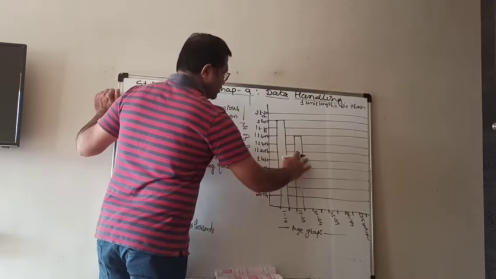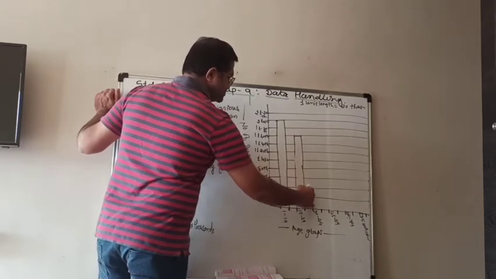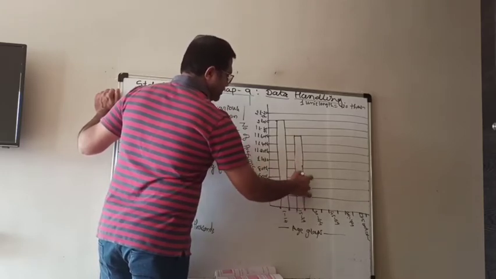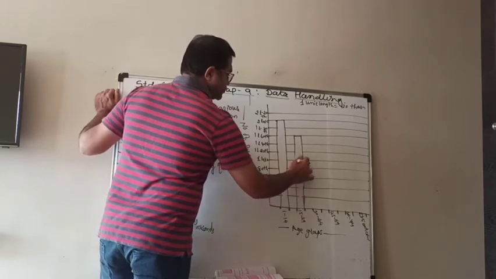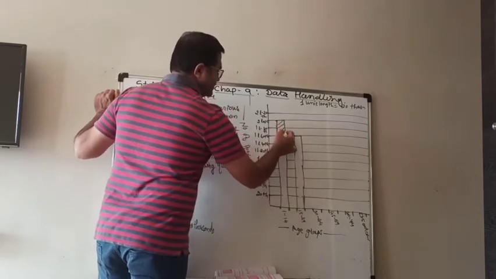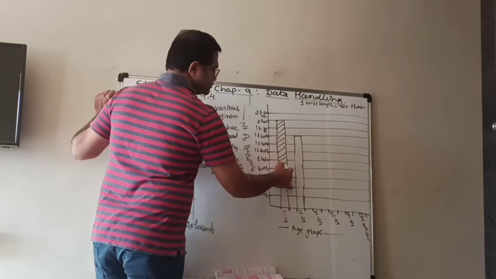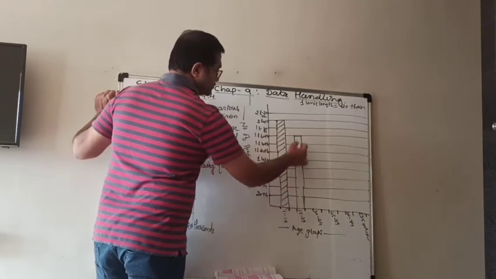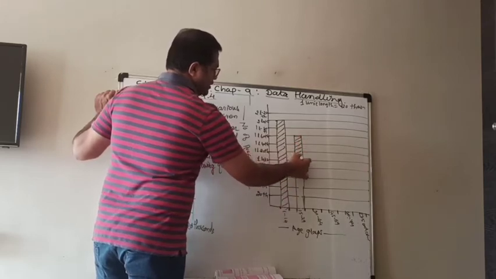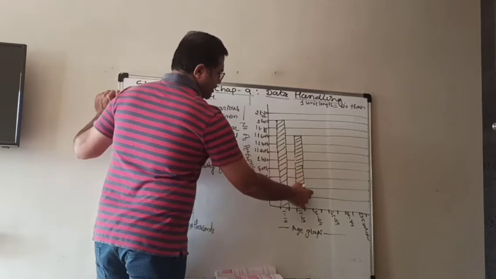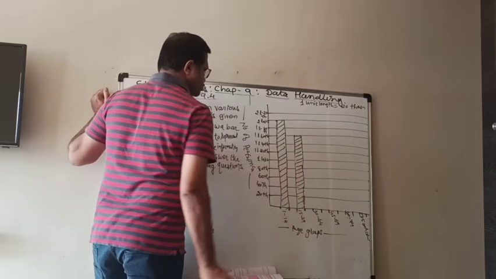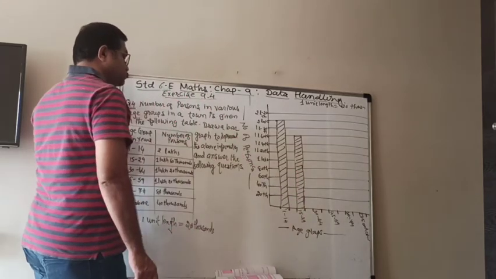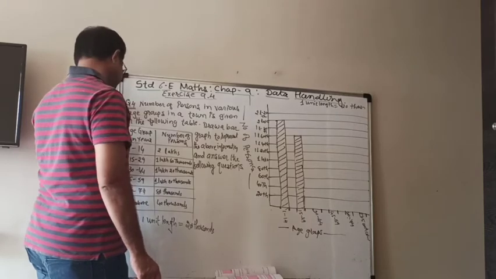And don't forget, you have to use your scale to draw it properly. So your bars will be like that. So here is another bar for the age group 15 to 29 years.